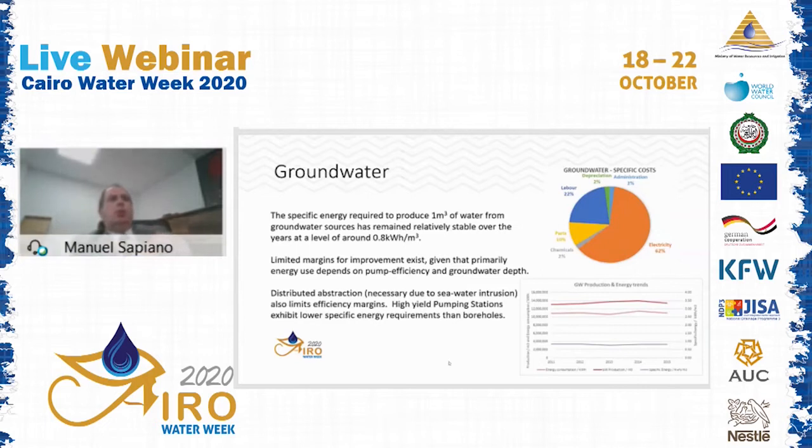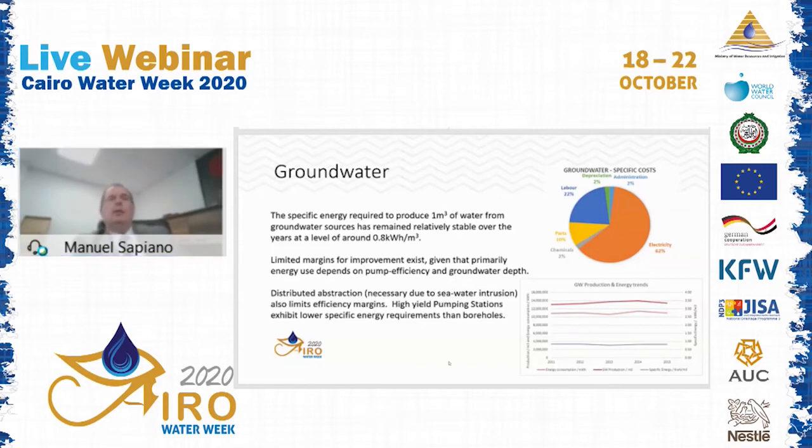If we look at groundwater, interestingly, once more, pumping of groundwater requires electricity. And a high share of the cost of groundwater is electricity itself. However, given that we're looking at lower energy needs for the pumping of groundwater, around 1.2 watt hours on average per cubic meter, the cost of electricity is less and the margin for saving is less than desalination.